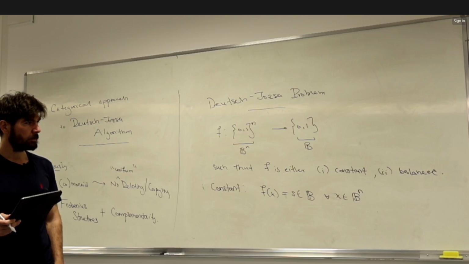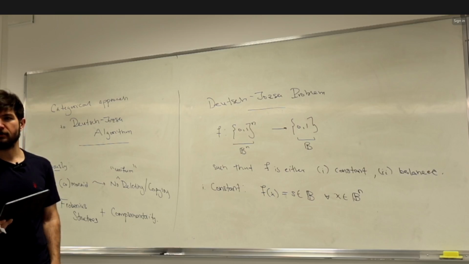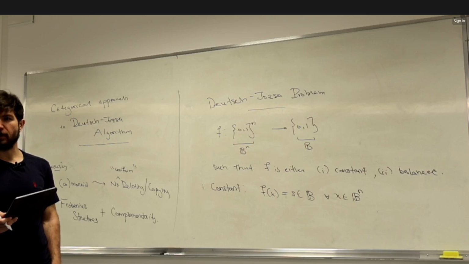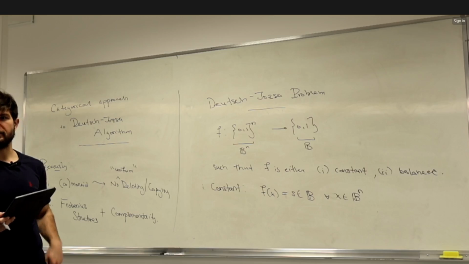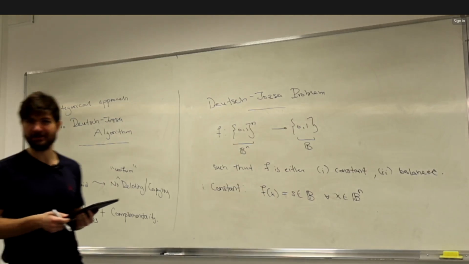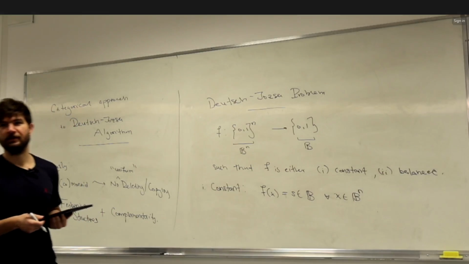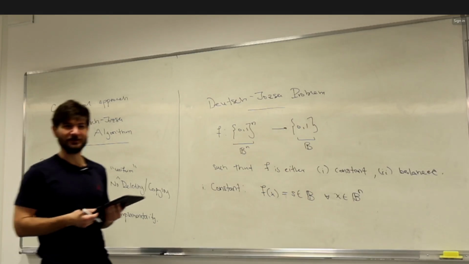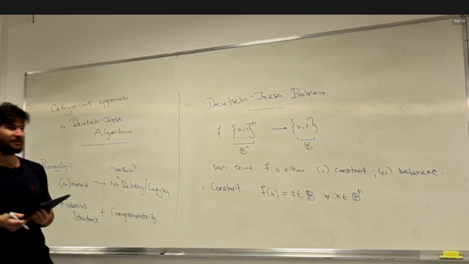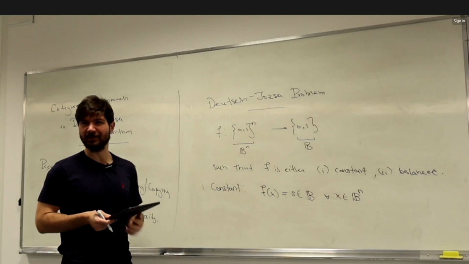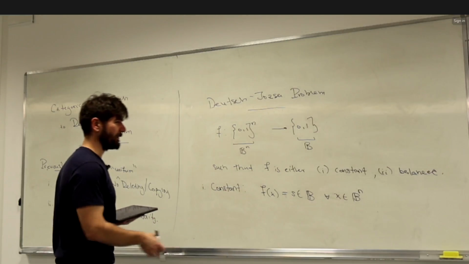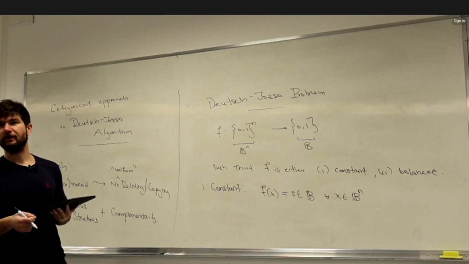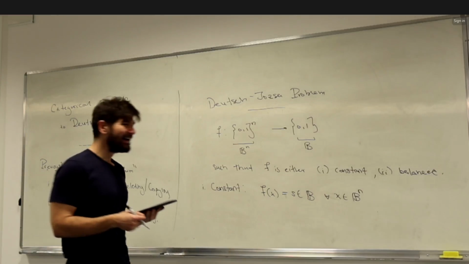People know what you mean by constant: there is s in b such that for all x, f(x) is s. It reads a little awkwardly, semantically backwards, but that is what it says.